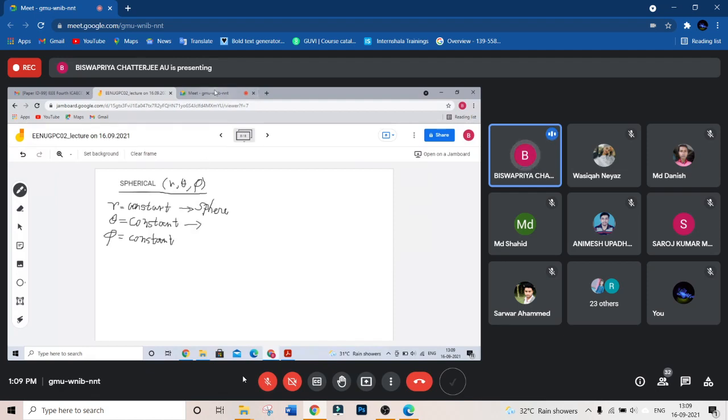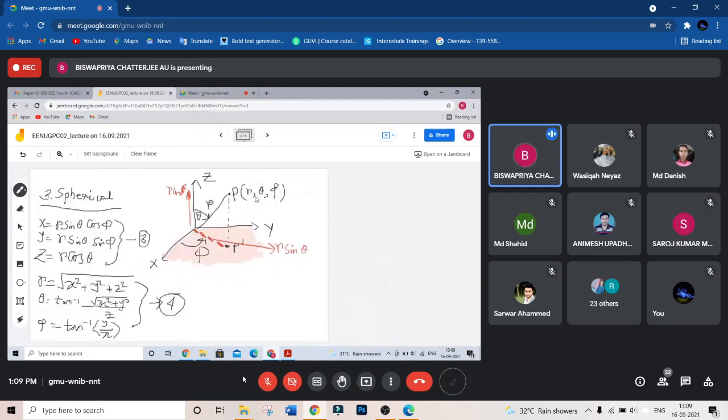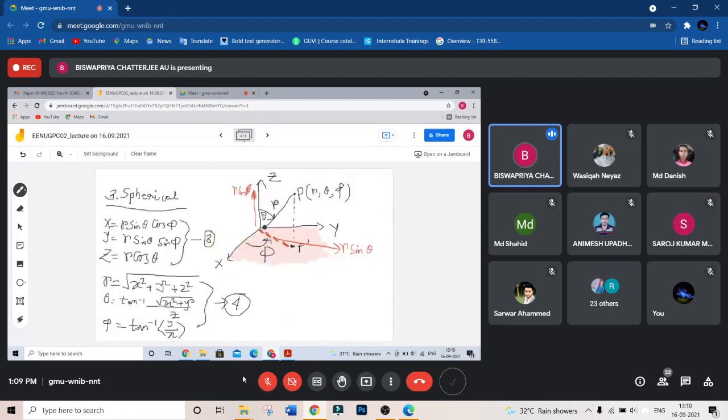If theta remains constant, let's go back to the diagram. If theta is constant, and you vary r and vary theta in this way, then it will generate a what? A cone, sir.